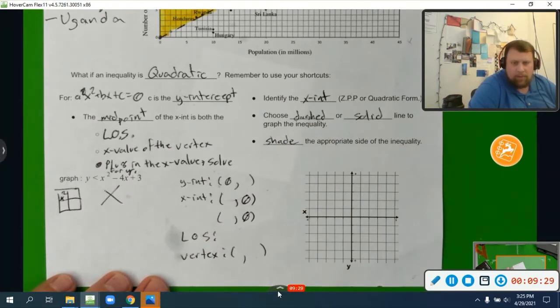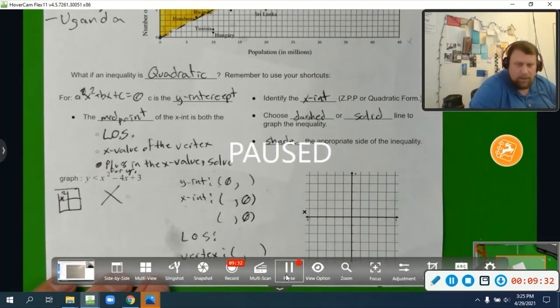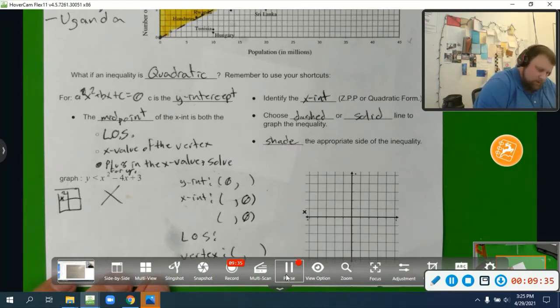You guys can go ahead and work it out with me. Identify your x-intercepts.